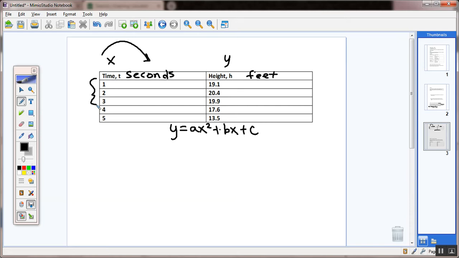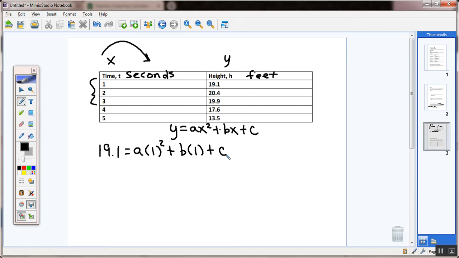Okay, so the first equation we would write would be 19.1, because you're 19.1 feet in the air after 1 second. So it would be a times 1 squared plus b times 1 plus the c value. Are we okay with that?